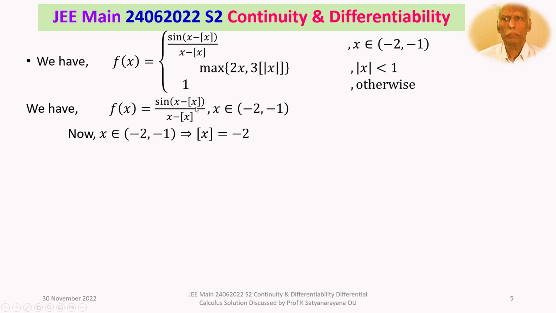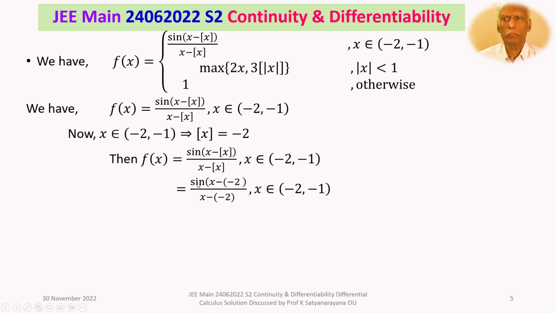So wherever there is [x], we substitute -2. Then f of x is sine of (x minus (-2)) by (x minus (-2)), that is, sine of (x plus 2) by (x plus 2) when x belongs to the open interval (-2, -1). So that is the first branch.